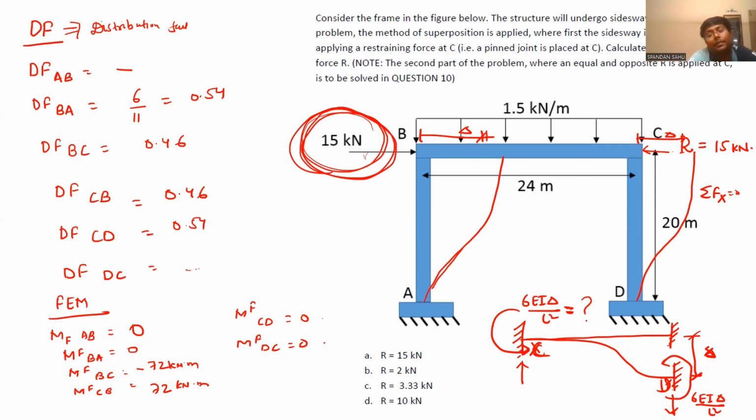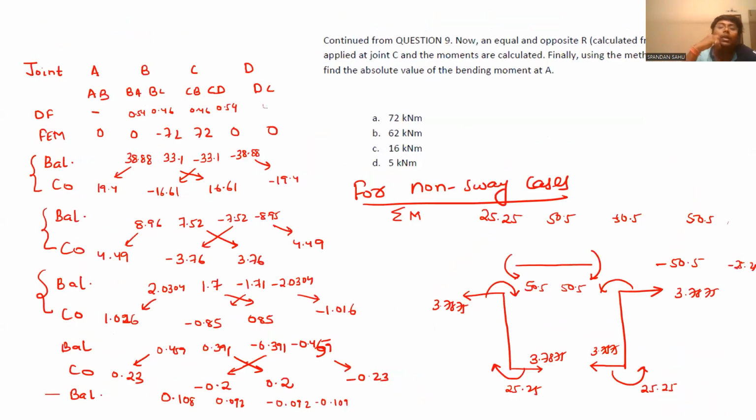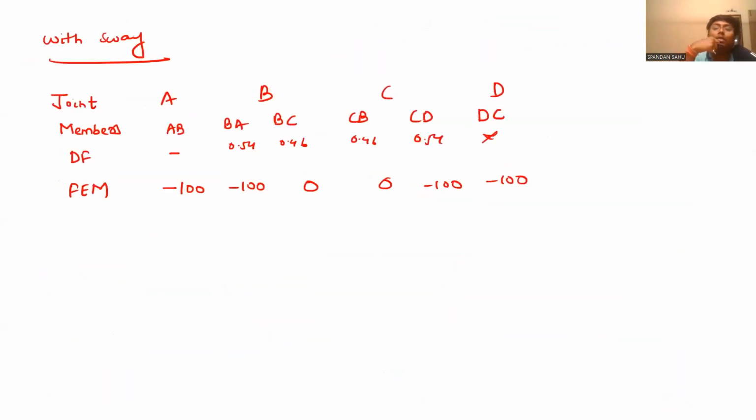Correct? Now, that 6EI delta by L square, you know the ratio of MAB to MBA is 1. Similarly, MCD to MDC is also 1, and all are 6EI delta by L square. So, can we assume something?